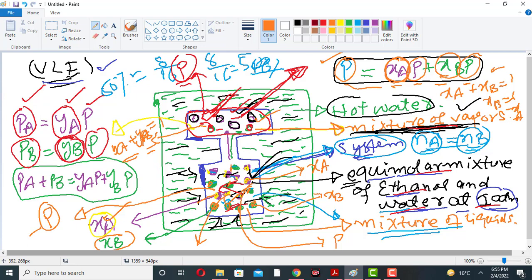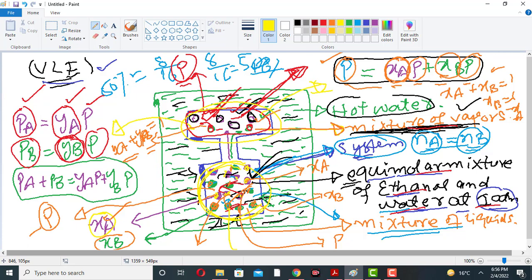So this was all about the mole fraction of ethanol in the liquid and vapor mixture. We will use Dalton's law to express the mole fraction in the vapor space, and we will use Raoult's law to represent the mole fraction of ethanol or water in the liquid mixture. So for the liquid we will use Raoult's law, and for the vapor mixture we will use Dalton's law of partial pressure.